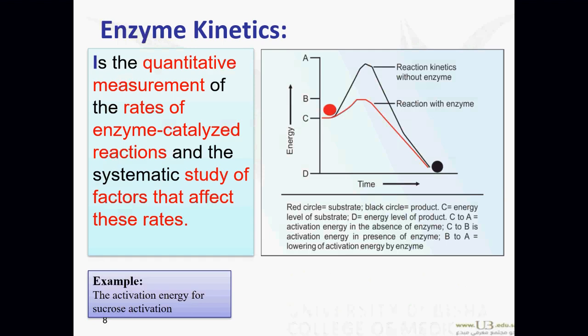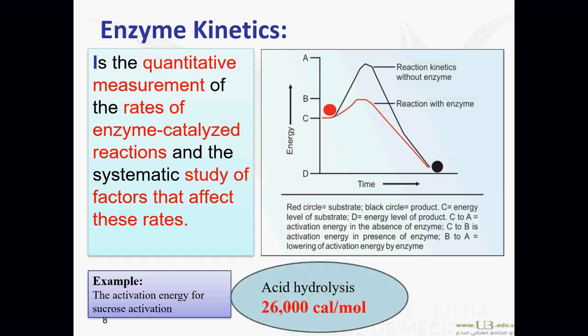Examples, activation energy of sucrose. We can take it as an example in this case. If we want to split the sucrose disaccharide into glucose and fructose by normal acidic hydrolysis, it will need an activation energy which is equal to 26,000 calories per single mole.